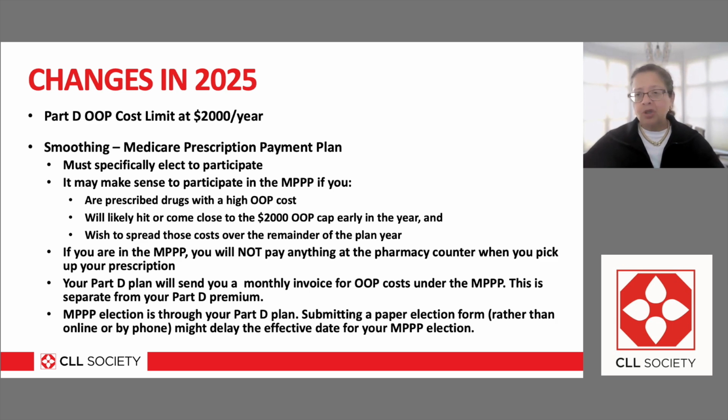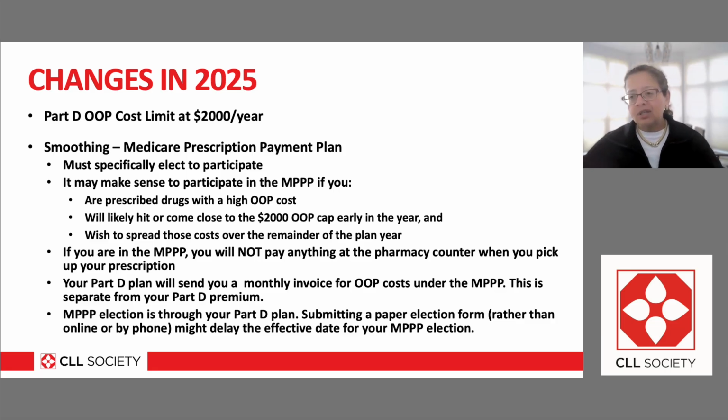So if one prescription, let's say, an oral or otherwise self-injectable, et cetera, that you take at home, cost you $1,500 and in January or February, you didn't want to spend $1,500 all at once, you could spread that $1,500 across the rest of the year.